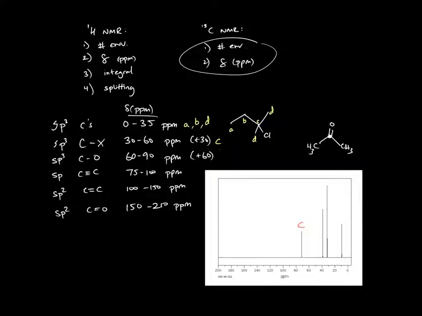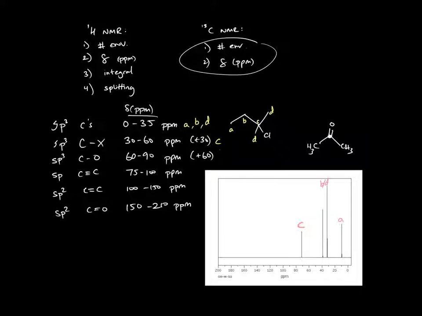It's showing up around 70, so it's a little bit higher than 30 to 60, but kind of in that rough region. Probably those 2 peaks in the middle there, the one that is somewhere around 30 and the one that's a little shy of 40, those are the ones B and D most likely that are a little bit further away. I don't know which is which, but we'll just put B/D because those are the 2. And then A is furthest away from the chlorine, so that's most likely this guy over here.